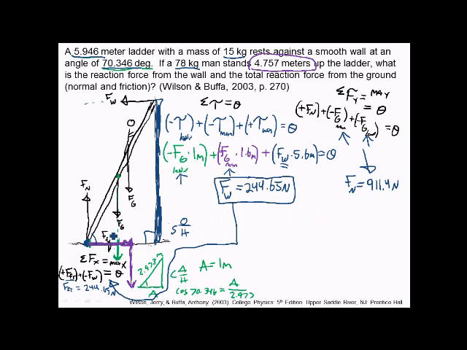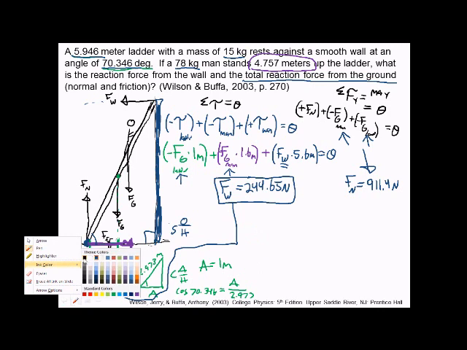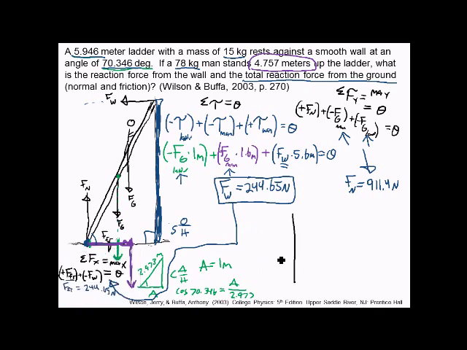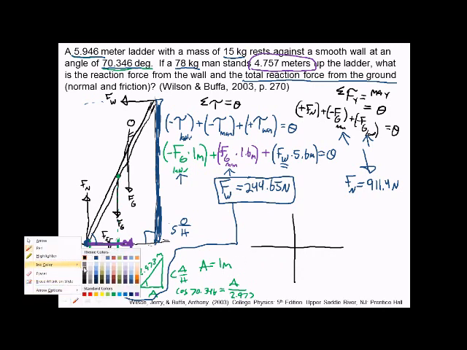And so if we look at that, we have these two forces on the ground. We have the friction force going to the right, and we have the normal force. So we need to figure out what the combination of those are, and that's the total reaction force from the ground. So we're going to set up a new coordinate axis and establish our forces here.